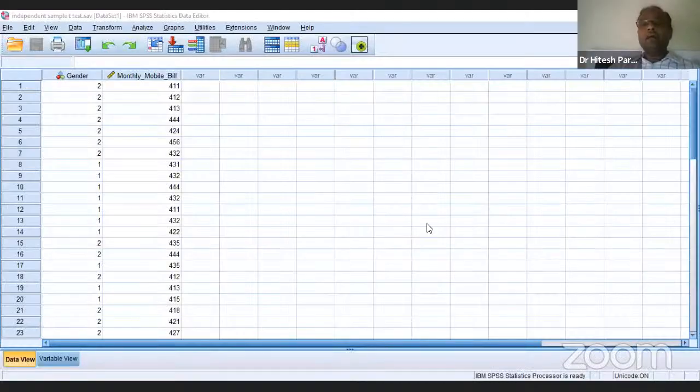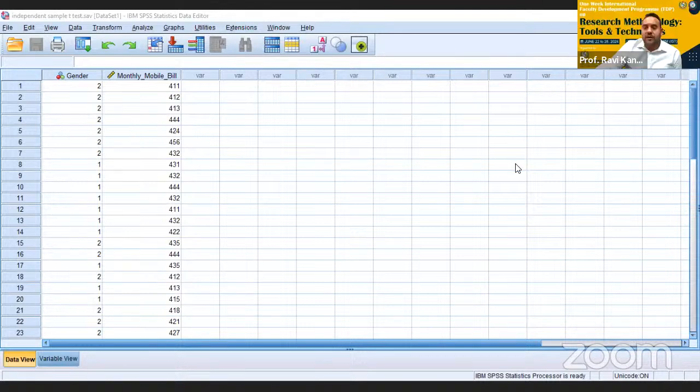Let us open the file, this Independent Sample T-Test. The file has already been shared with you. Once participants are ready, we can start. Right, so are you able to open the file, participants? Yes, I have already shared it with them in the WhatsApp group or email ID.